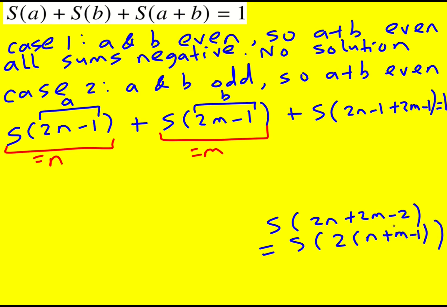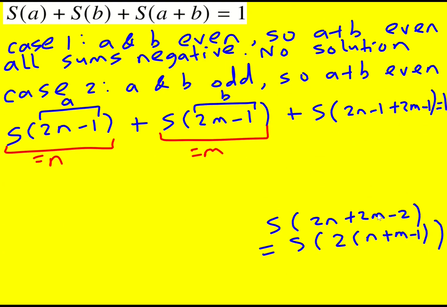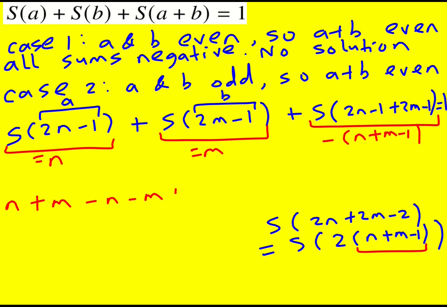So we see that we get an even number here. Now remember, when we got S of 2n, it was minus n, which means that this thing here, using this result, is going to be minus n plus m minus 1. This is now just my n from before, so it's minus that, and that's equal to 1. So I can write down that n plus m minus n minus m plus 1 is equal to 1.